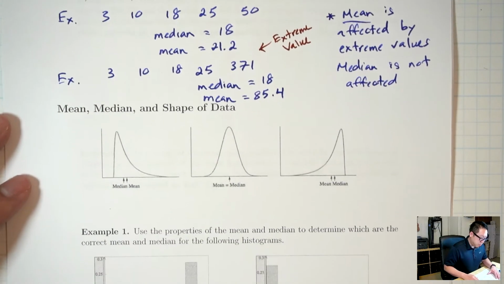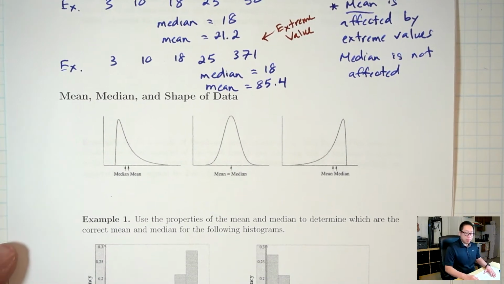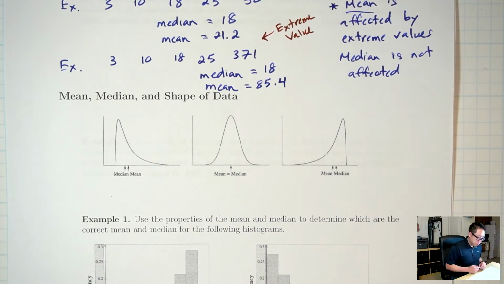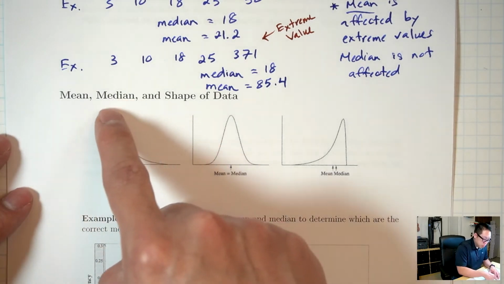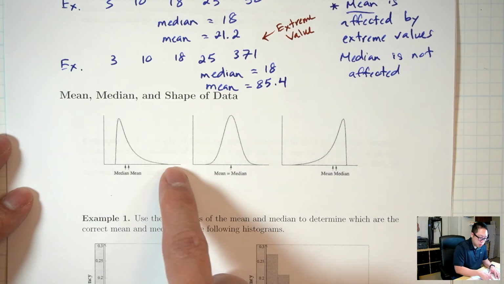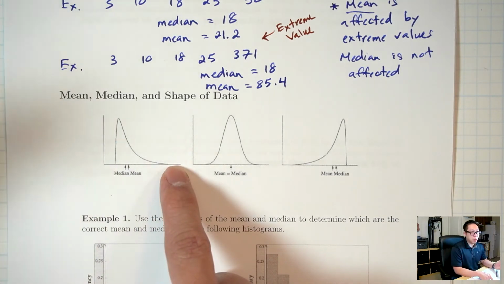Okay, next up, mean, median, and the shape of data. So this shape, right? The peak is here, and then you have a tail on the right side. So you remember back when we talked about histograms, that's called skewed to the right.